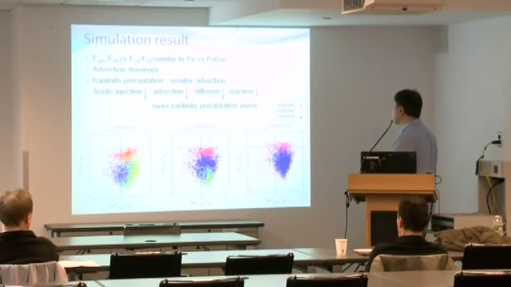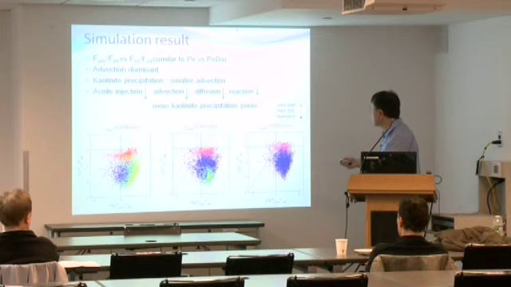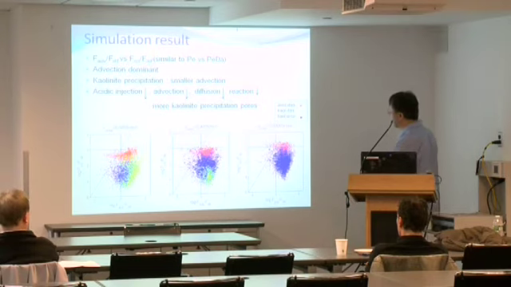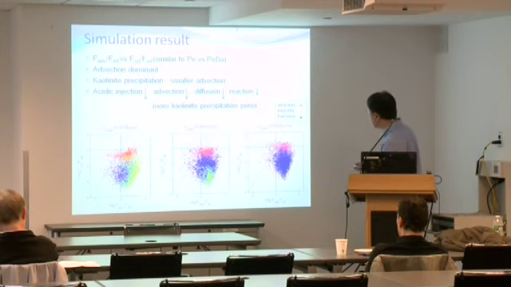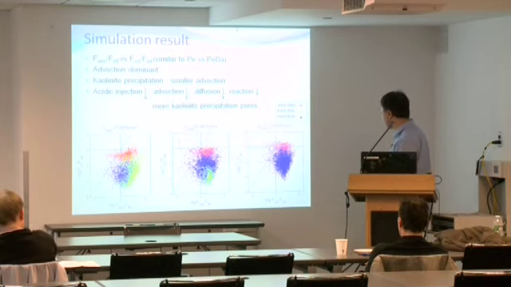And this simulation is at 1/10 of the injection rate of this one. There are no dissolution pores. All pores have kaolinite precipitation. The points move up, which means the reaction is relatively larger than in these two, and the points look less scattered.